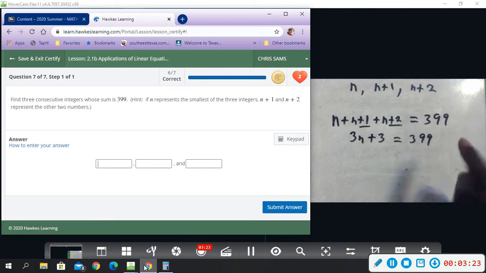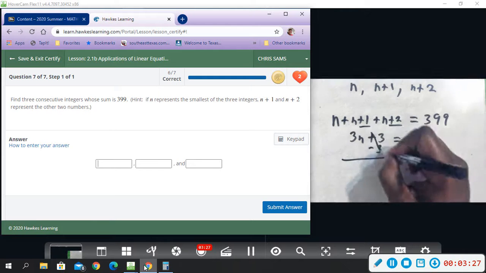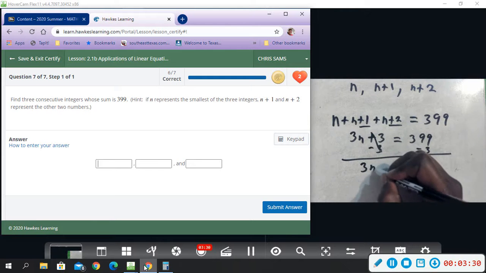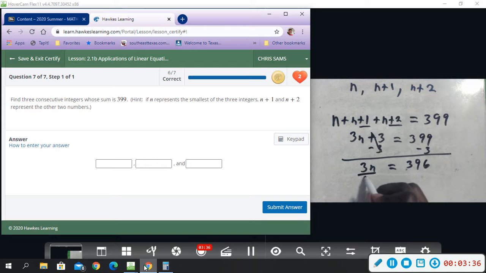So we would subtract 3 from both sides. That leaves us with 3n equals 396, and then divide by 3.